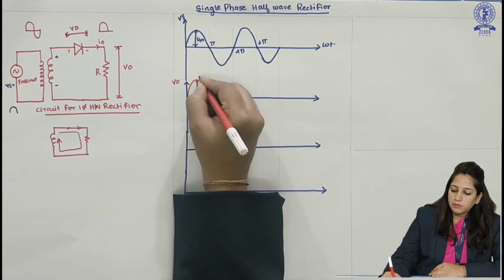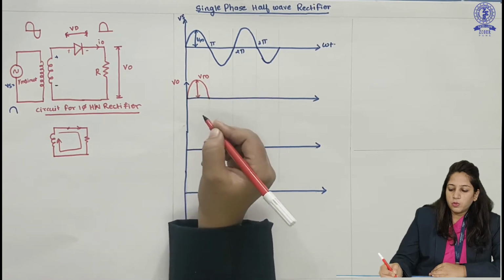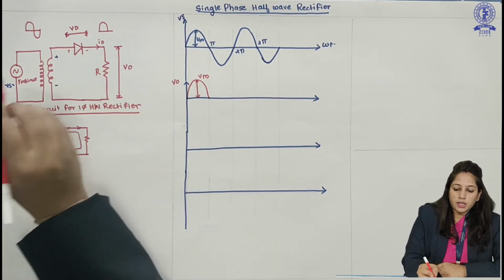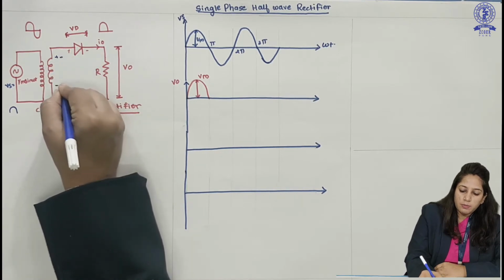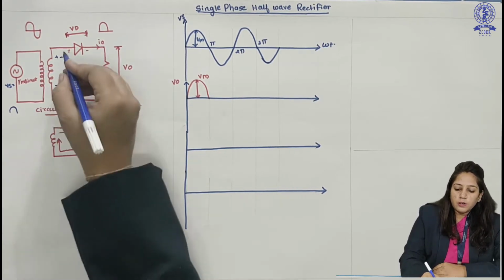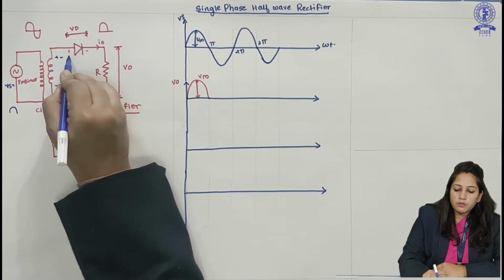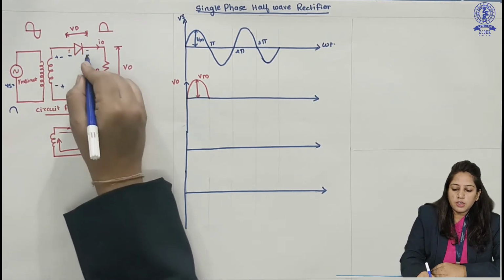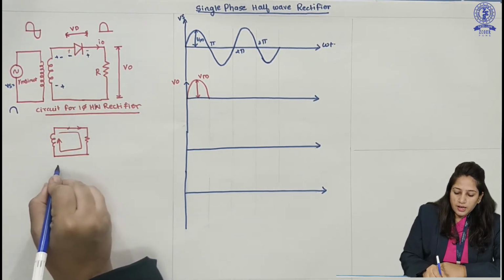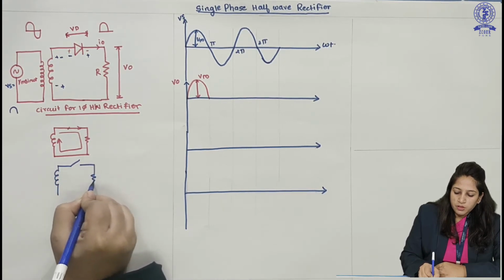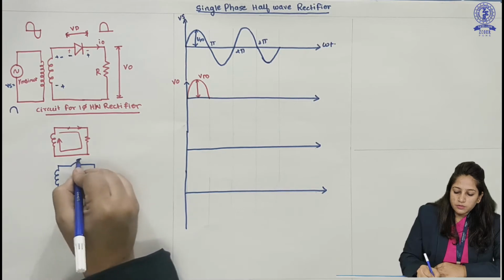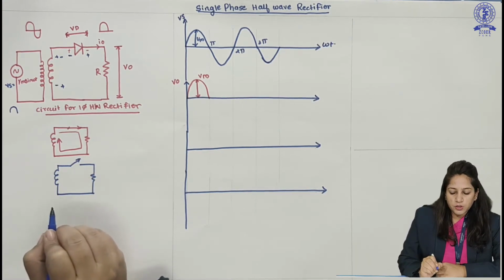Here the output voltage V0 will be Vm. Now for the negative half cycle, here will be minus and here will be plus. If it is minus plus, then the diode will be in reverse bias, so it will act like a closed switch, sorry, an open switch.